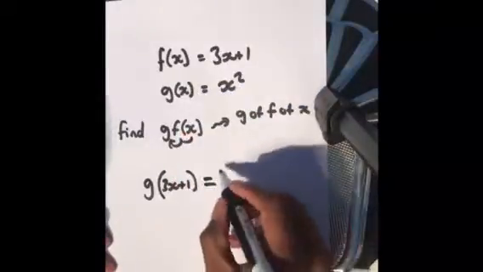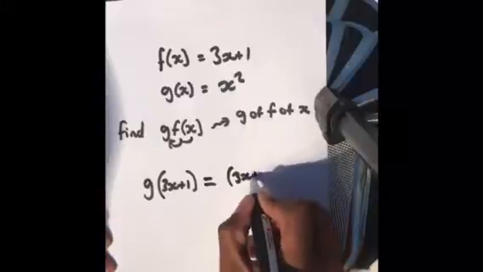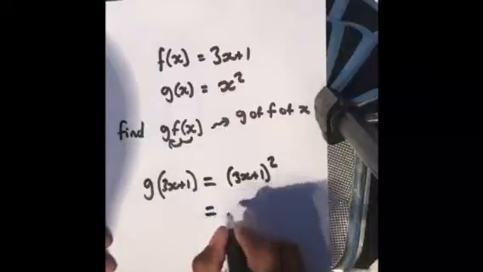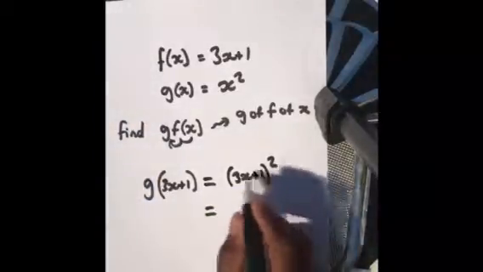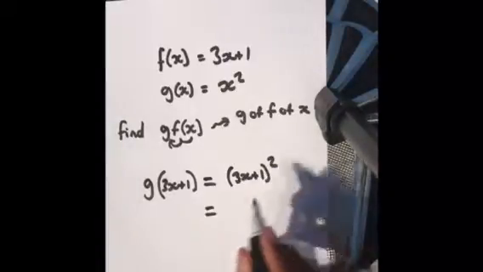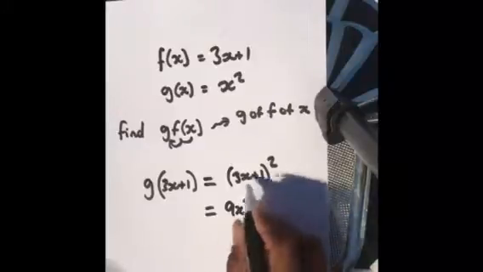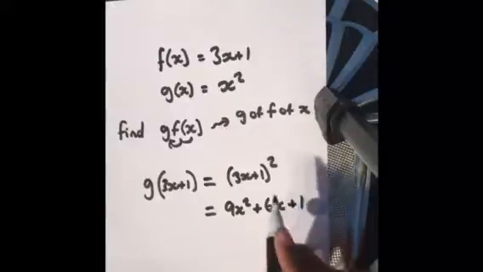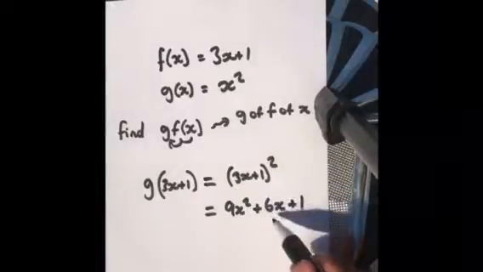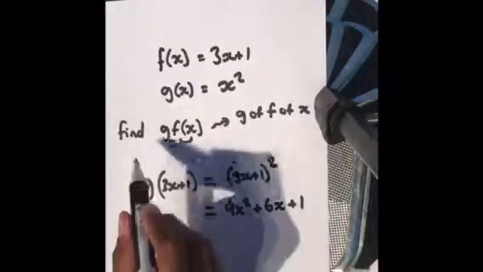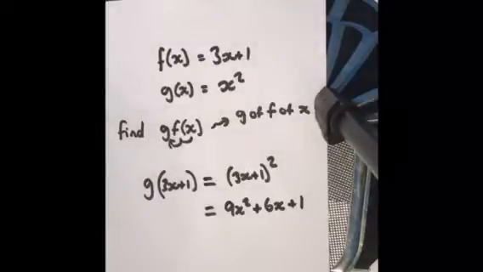I've got 3x plus 1, so it's actually going to be 3x plus 1 all squared. I'm not going to waste your time on expanding brackets here, so you can keep that as that. That's not a problem, unless it asks you to expand and simplify. Then you'll have to expand and simplify that, which will give you 9x squared plus 6x plus 1. Some of you will be able to do that from that stage to this stage. If not, then you have to write it out the long way. But hopefully that tells you what I mean about g of f of x.